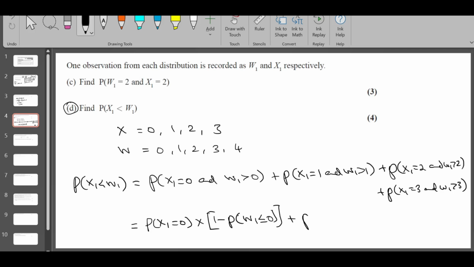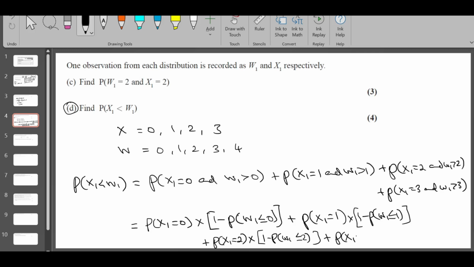Plus P of X1 is equal to 1 times 1 minus P of W1 is less than or equal to 1, plus P of X1 is equal to 2 times 1 minus P of W1 is less than or equal to 2, plus P of X1 is equal to 3 times 1 minus P of W1 is less than or equal to 3.